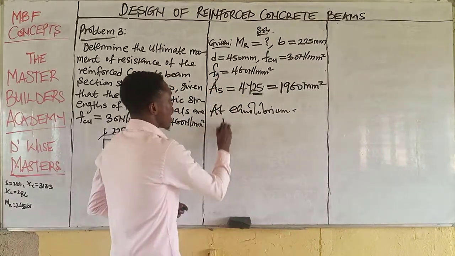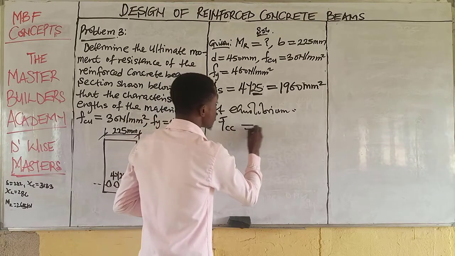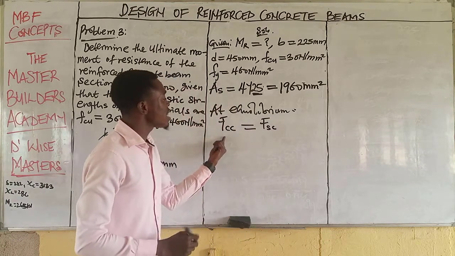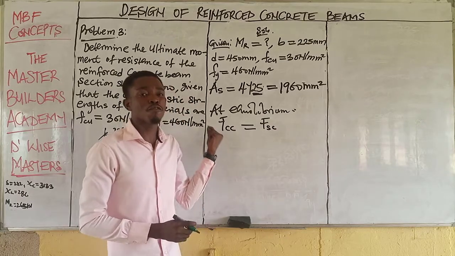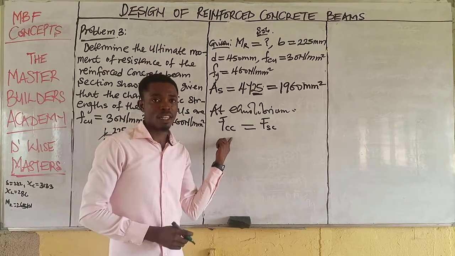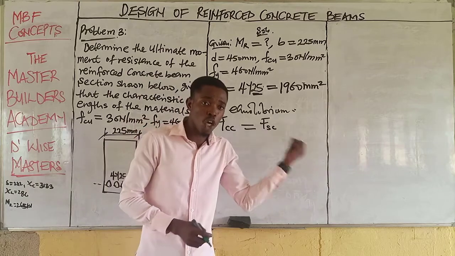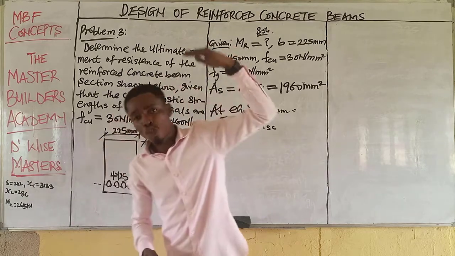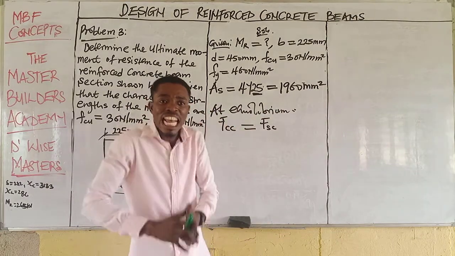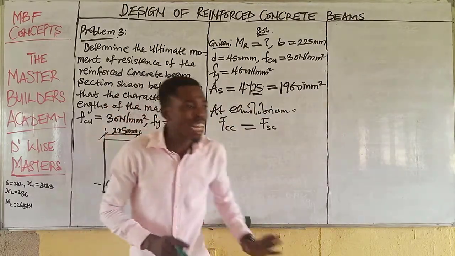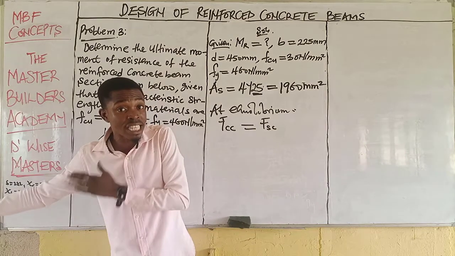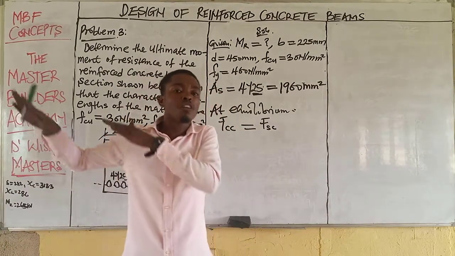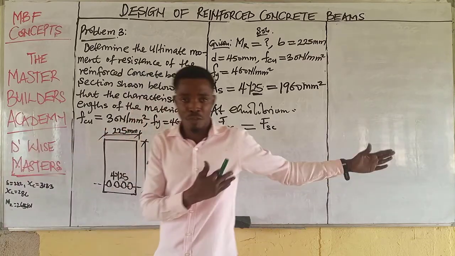That is to say, F_cc is equal to what? F_st. This is the compression force of the concrete, while this is the tension force of the steel, because the concrete is at the compression zone, while the steel is at the tension zone. And we know that the sum of upward forces is equal to the sum of downward forces. Likewise, the sum of forward forces is equal to the sum of backward forces.